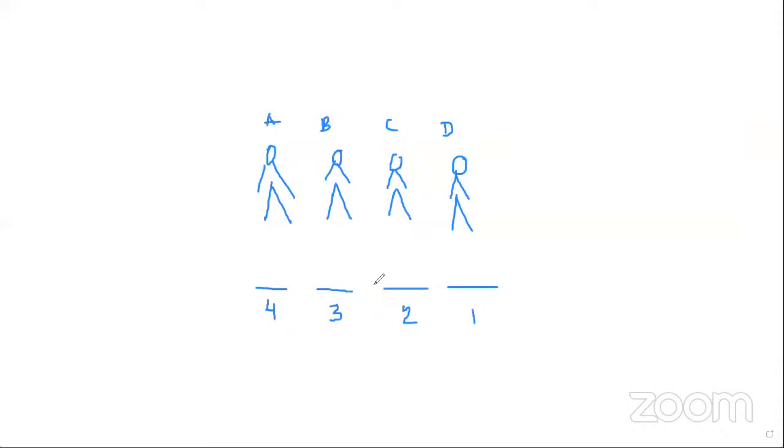If a person is already in the first and second place, he cannot be in the third place anymore. So there's only one possibility here, and so on. So when you multiply this, you get 4 factorial.